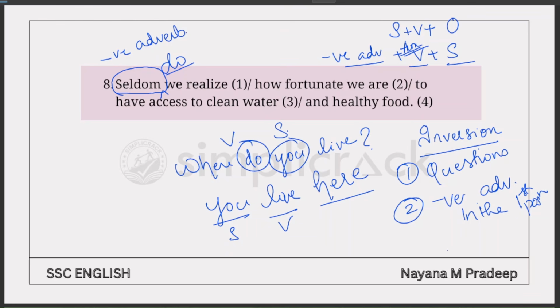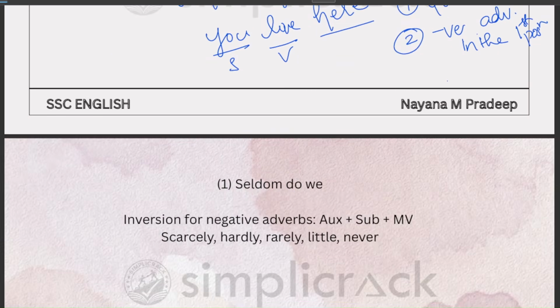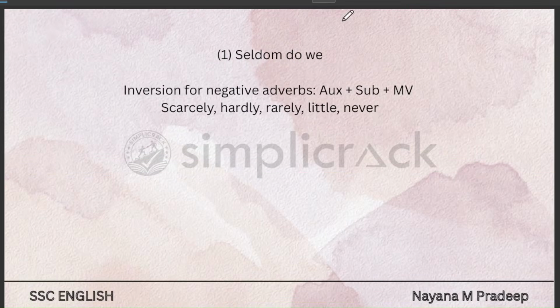Tell me why. Because here the main verb realize is in the simple present tense, and along with the simple present tense, you use the auxiliary verb do. So inversion for negative adverbs is auxiliary plus subject plus main verb, and these are the most commonly used negative adverbs. Okay. You also have barely.